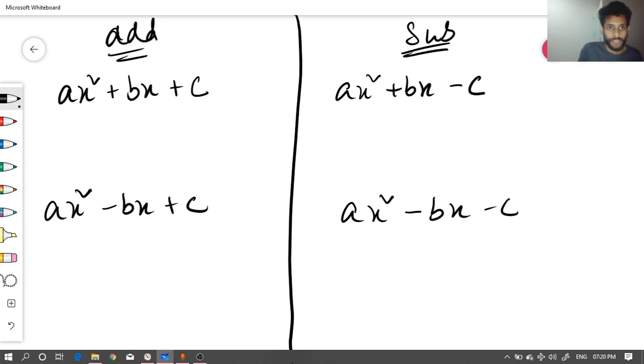Have you seen the common thing here? In the addition, this part and this part are plus, in the subtraction this part is minus.